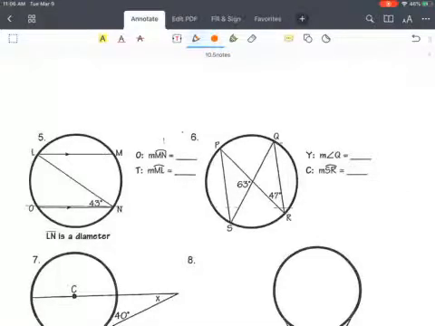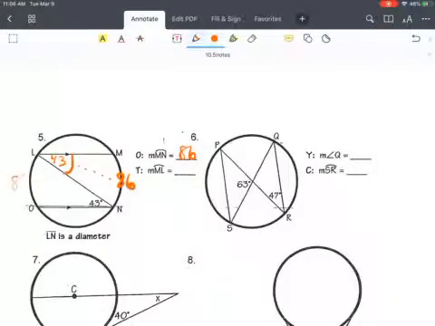For number 5, parallel lines here. I have alternate interior angles, so that is a 43-degree angle. So 43 degrees is an inscribed angle, corresponds with the arc of MN, which is 86.